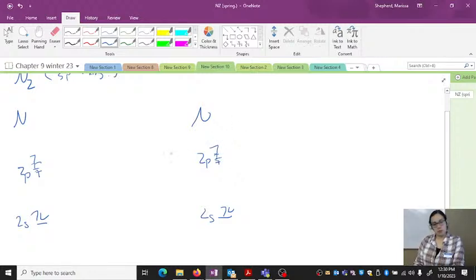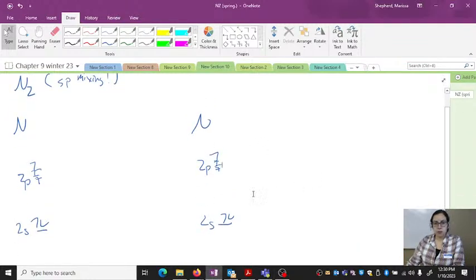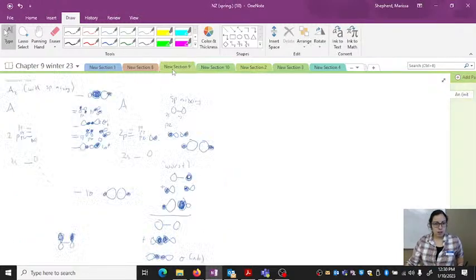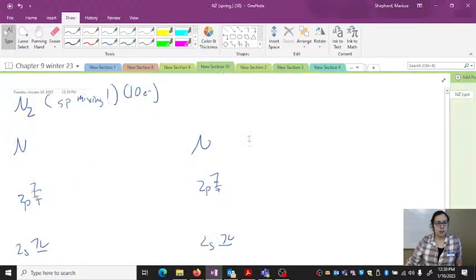And that matches our electron configuration for nitrogen. We're only looking at the valence electrons right now. At least that's all I'm putting in here. So how many electrons are there total? So 10, I'll write that at the top, so 10 electrons. That's all we're going to be recopying.